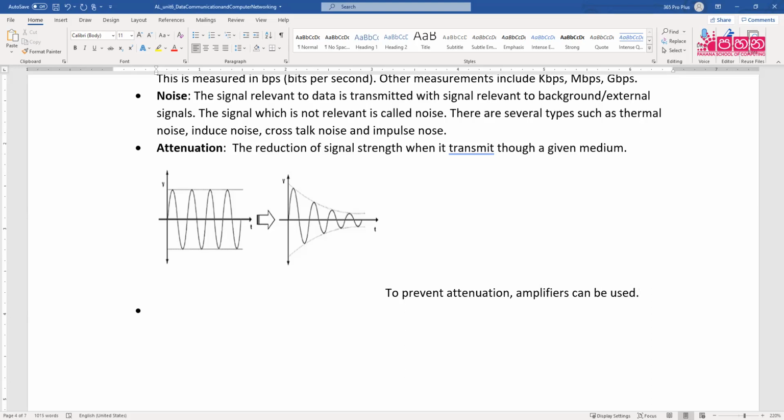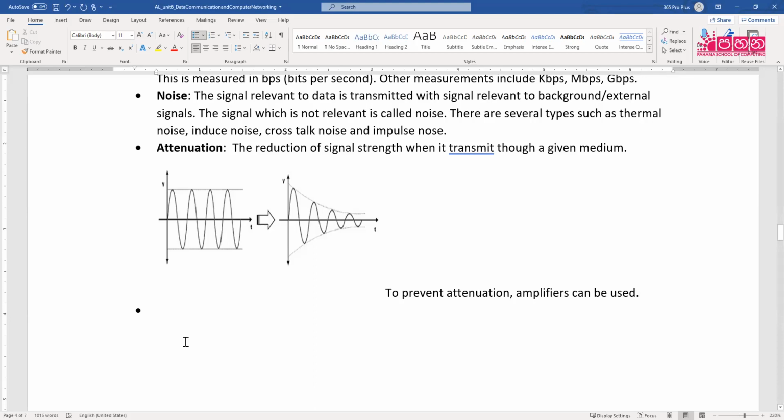Amplify means to enlarge the signal. When the signal gets smaller, we can enlarge it, or we can say amplify the signal. So that's what we call attenuation.